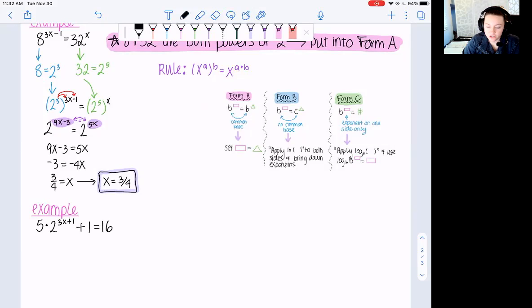Before you can make any judgments, we need to get this into the form of one of these, right? We need to isolate the term that has the exponent on it. If only one term has an exponent on it, it could still turn out to be a form A, but we want to at least put it into form C. So we want to get the exponent alone and the number on one side.